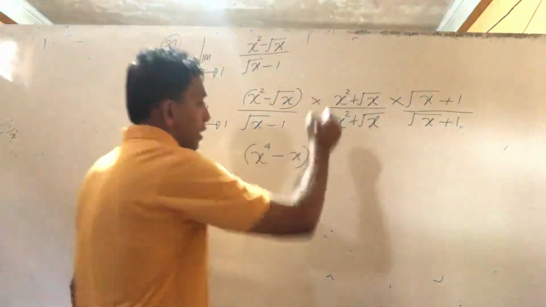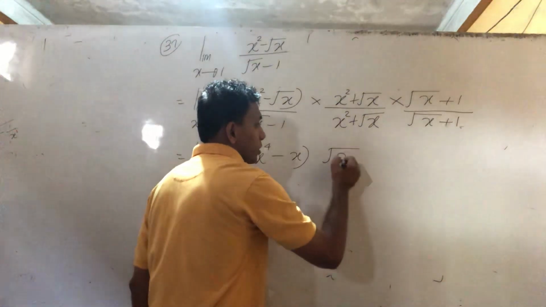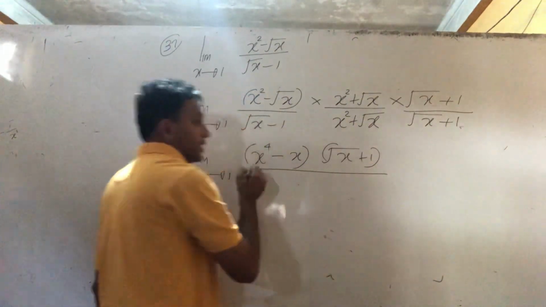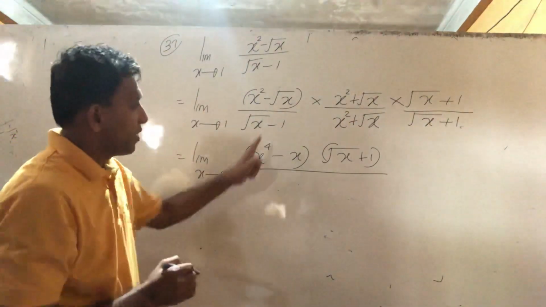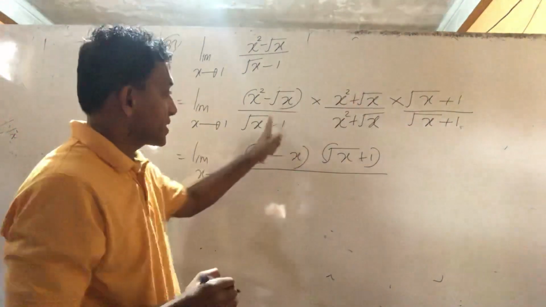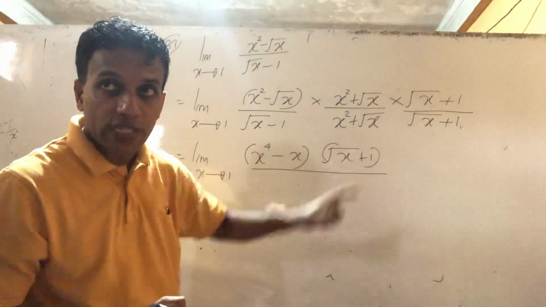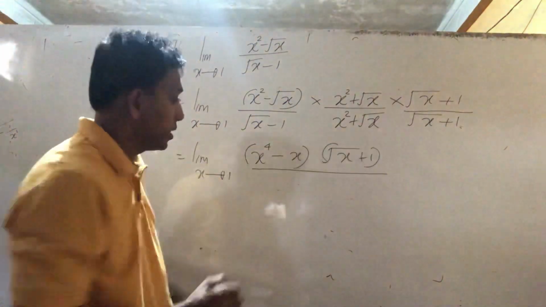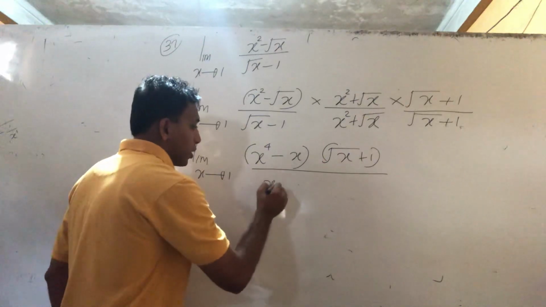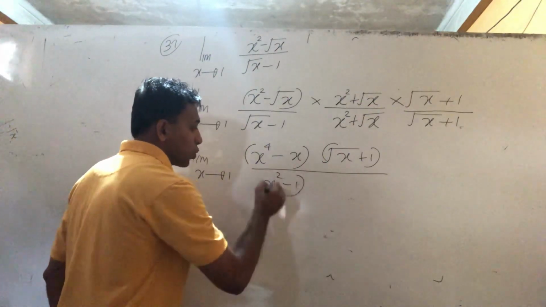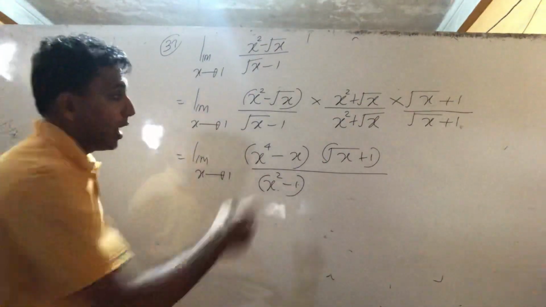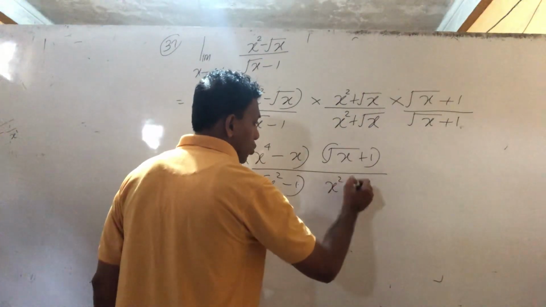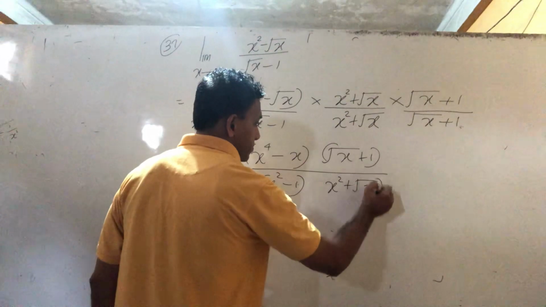And there, square root x plus 1. And see here, first and the last form the factorization pattern, root x minus 1, root x plus 1, that is a square minus b square form, right? And the remaining x square plus square root x.